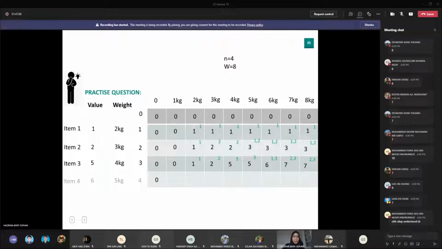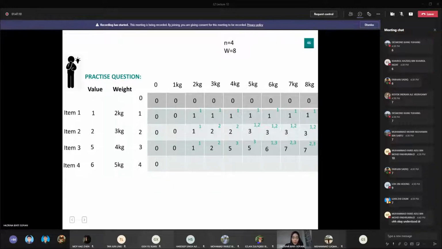Okay, last row. Last row, when we are able to consider all 4 items. Okay, I'll give you a shortcut.